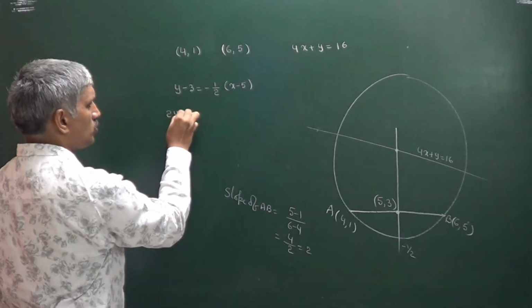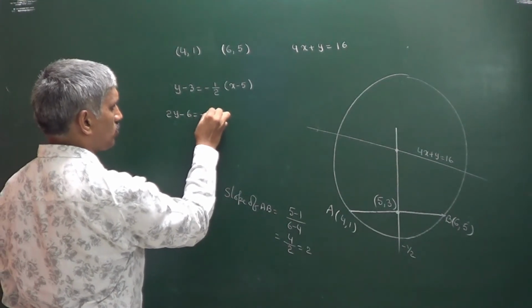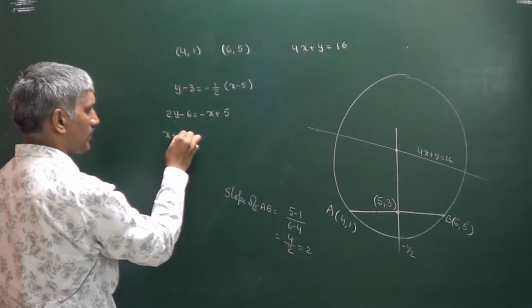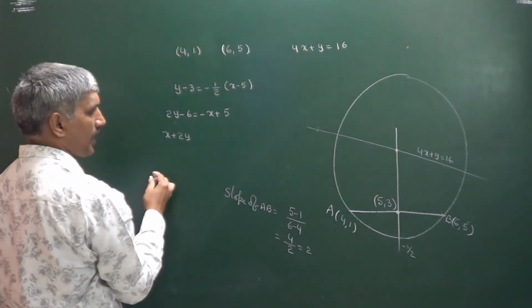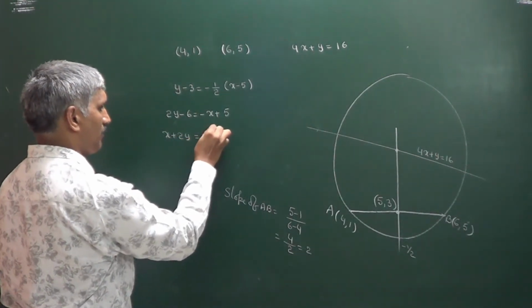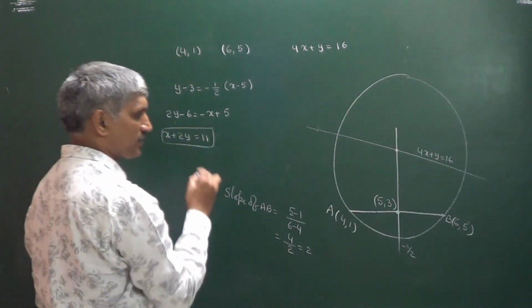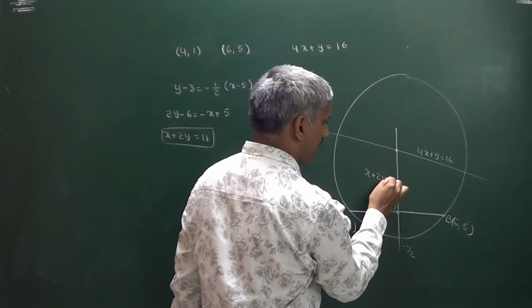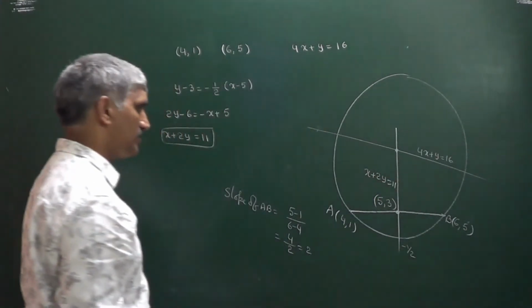Therefore we are getting 2y minus 6 is equal to minus x plus 5. Therefore we got x plus 2y is equals to 11. This is the another equation we got.